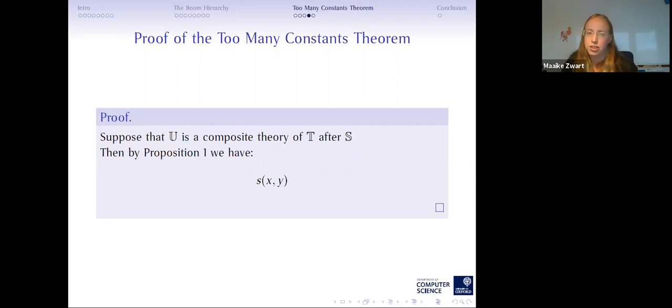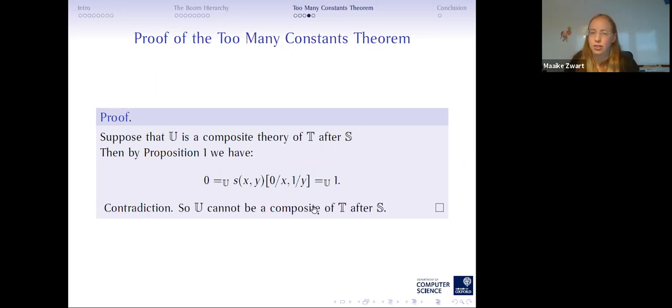But then I know that the proposition holds. So I'm going to substitute both of the constants of T into this term. And by the proposition, I know that on one side it's equal to 0. That's this multiplicative 0 thing. But since 1 has the same property, it also is equal to 1. So I've now proven that in this supposedly composite theory, I have 0 equals 1, but these are two distinct constants of my theory T. And that leads to a contradiction.